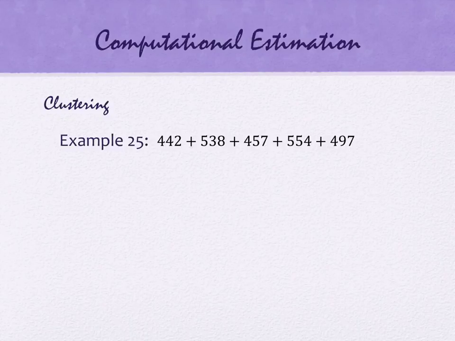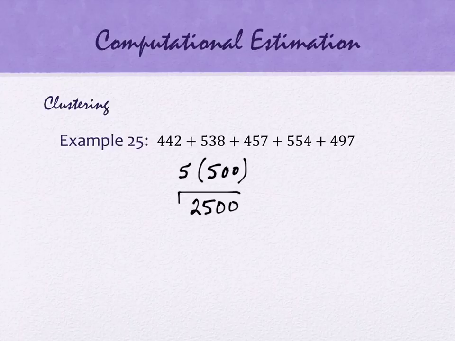Like, 15 things, this is going to be about 15 bucks. Same idea. So all of these are about 500, and how many numbers are there? 5. So depending on what level the kids are at that point, if they know multiplication, they can just do 5 times 500, or they can simply add 5 500s together, which would be okay too. So what is 5 times 500? 2,500. Again, these are approximates, right?